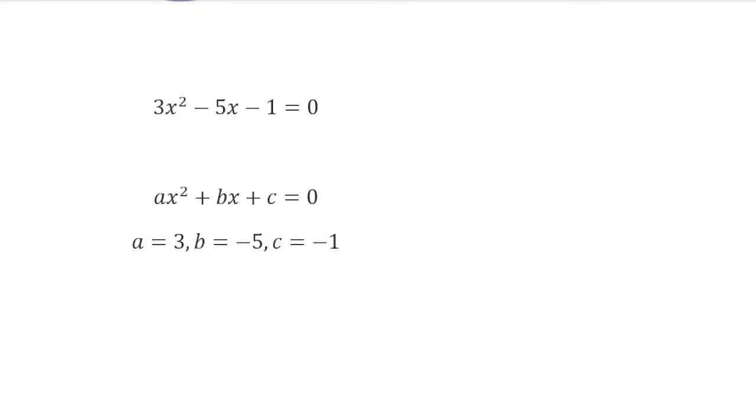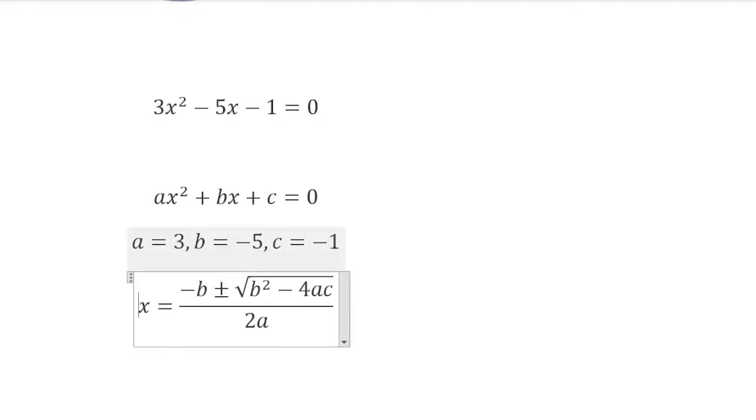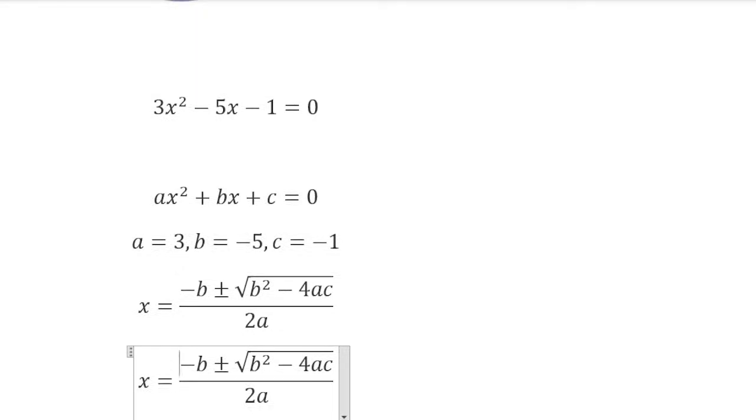So now let's substitute to the quadratic equation. The quadratic equation is x is equals to minus b plus minus square root of b squared minus 4ac, all over 2a. So this is the quadratic equation. So now let's substitute. All right, so x is equals to the value of b is -5.